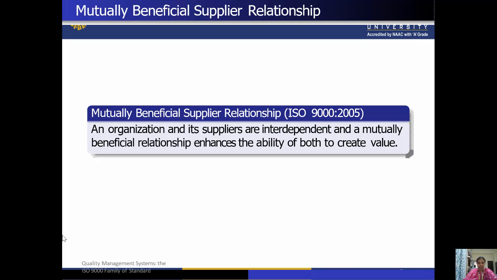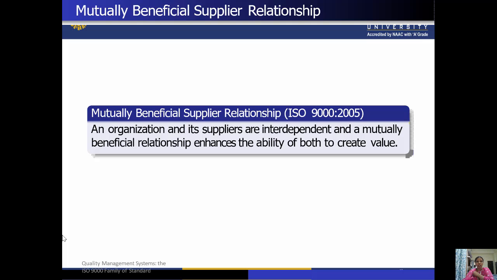It is mentioned that an organization and its suppliers are interdependent, and a mutually beneficial relationship enhances the ability of both to create value. The organization and its suppliers mutually take benefit from the relationship, and it enhances the capability of both.